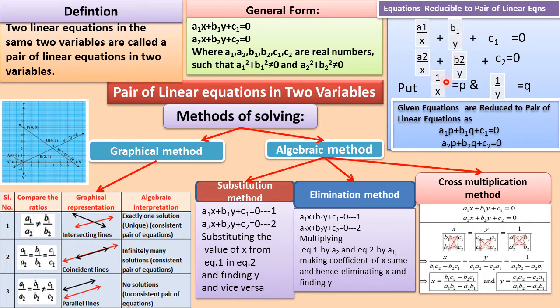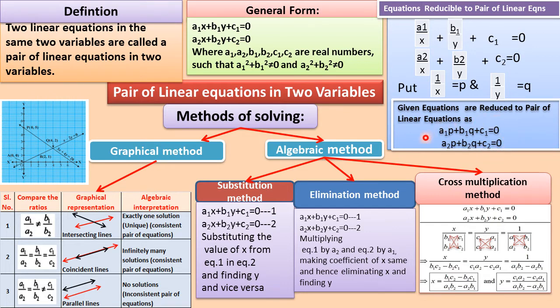Then I can convert this into a linear form by taking 1 by x equal to p, and 1 by y as q. Once I substitute 1 by x equal to p and 1 by y as q, I can rewrite the given equations as a1p plus b1q plus c1 equal to 0, and the second equation as a2p plus b2q plus c2 equal to 0.